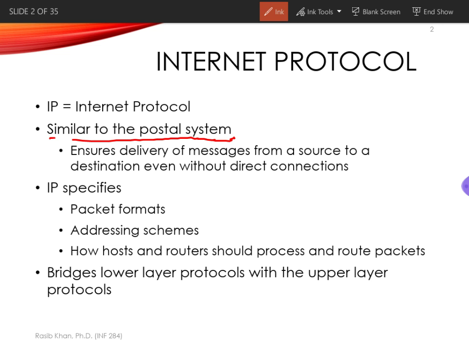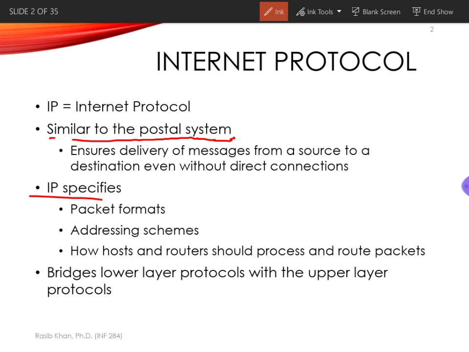The basic idea is that a postal system ensures delivery of messages and letters from a source to a destination, even if there are no direct connections between the source and the destination. So that is what the Internet Protocol, that is IP, ensures. That is the delivery of packets from a source to a destination across multiple networks, even though they are not directly connected.